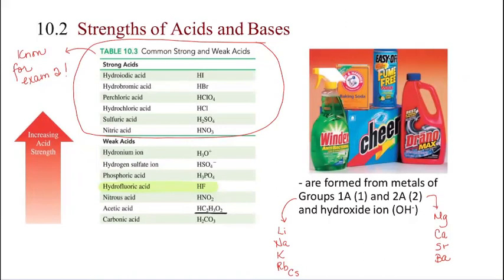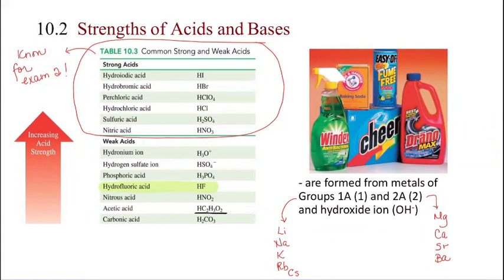Because if you know the strong acids, anything that is not in the top 6 is a weak acid. And guess what? Any polyatomic ion that you guys have learned so far, if it starts with a hydrogen, it depends if it makes the list of the top 6 or not. I can make a weak acid out of that.